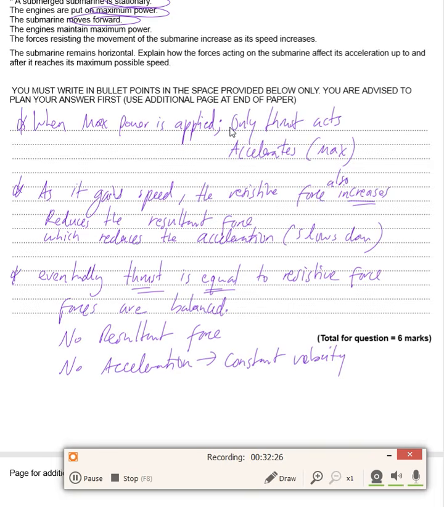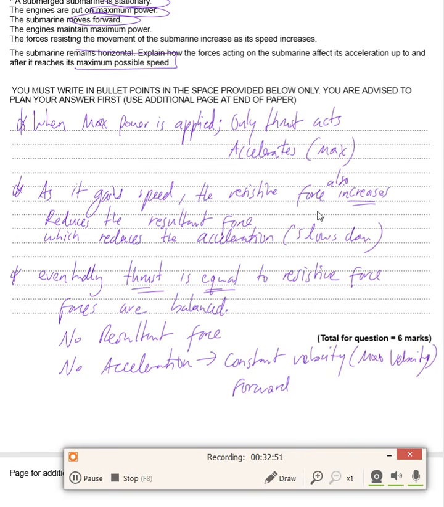Okay, constant velocity forward, which is maximum possible. It is this max velocity. You can't go any faster than this.